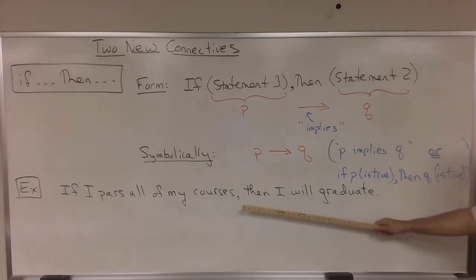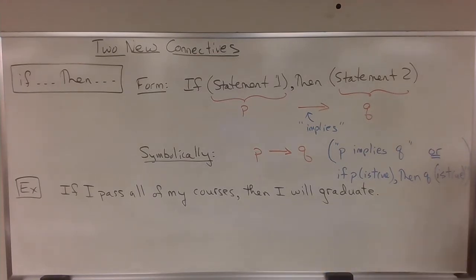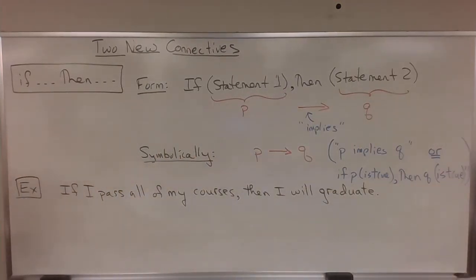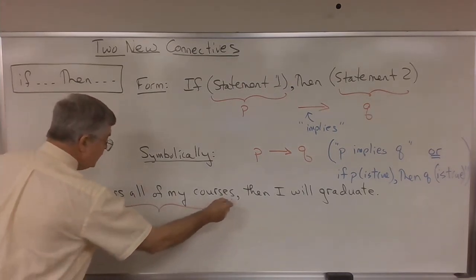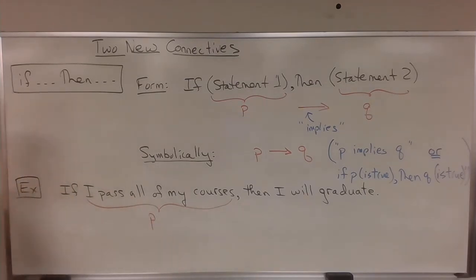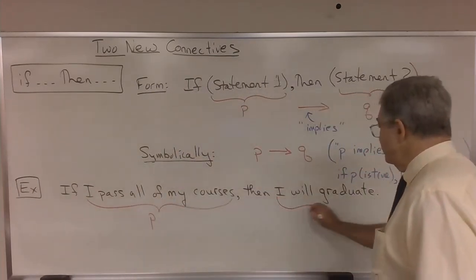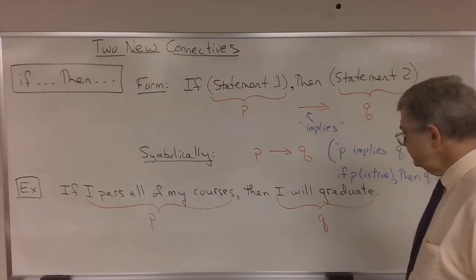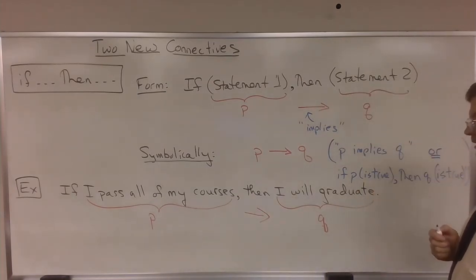Now, here's an example of the if-then connective joining two statements P and Q. And let's diagram this. If I pass all my courses, then I will graduate. So I pass all of my courses. That's going to be our P. And the statement, I will graduate, is going to be Q. And that's how we write it symbolically.